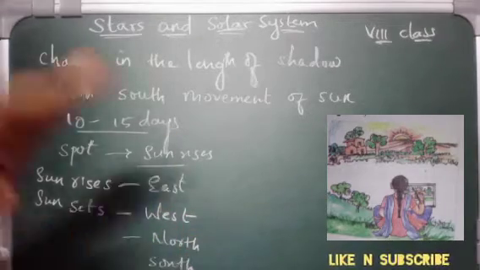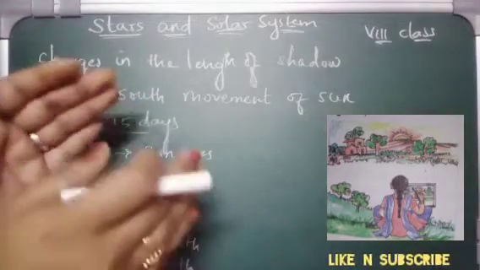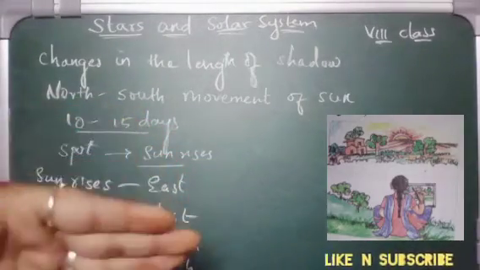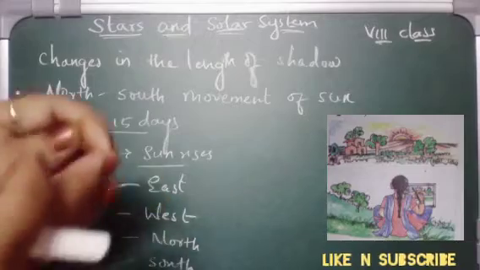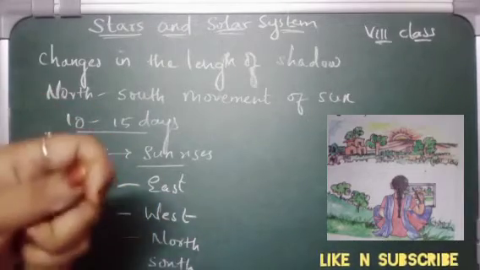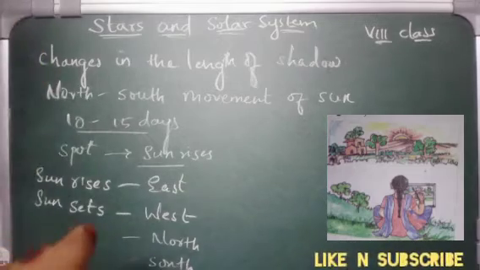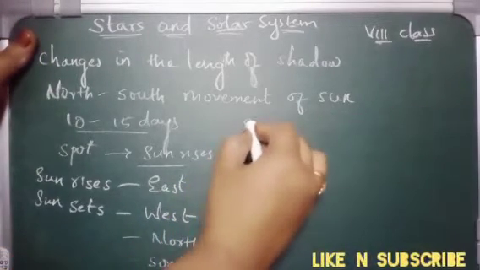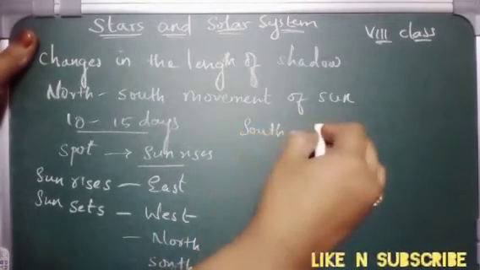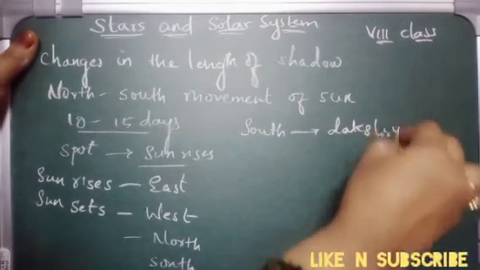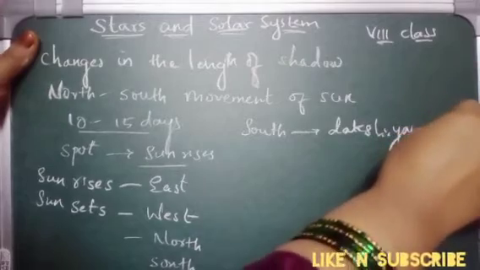When you observe that the sun is moving towards the south side of the sky, it is called Dakshinayanam.